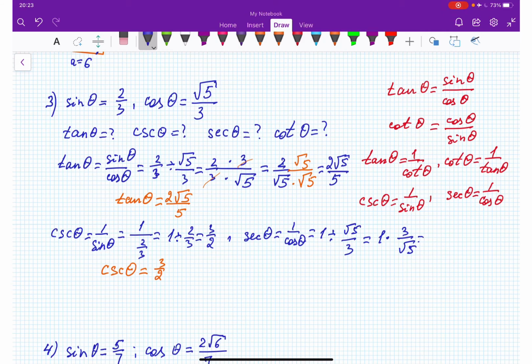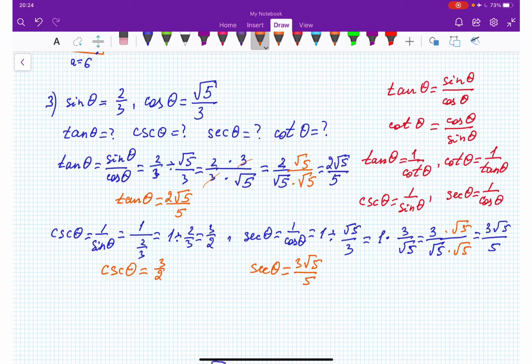Okay, so we need to do rationalization, which is going to be times square root of 5 over square root of 5, and the answer is going to be 3 square root of 5 over 5. So from here, secant theta is equal to 3 square root of 5 over 5.